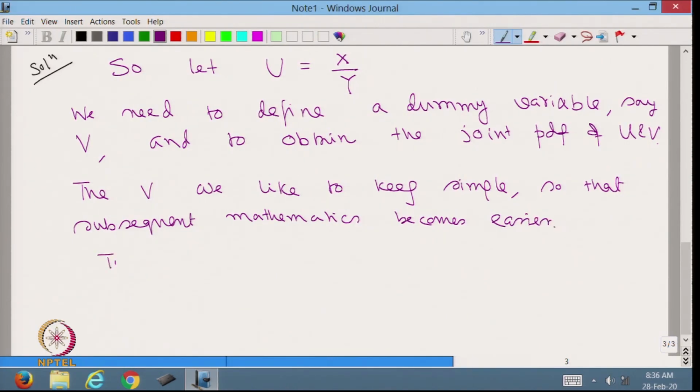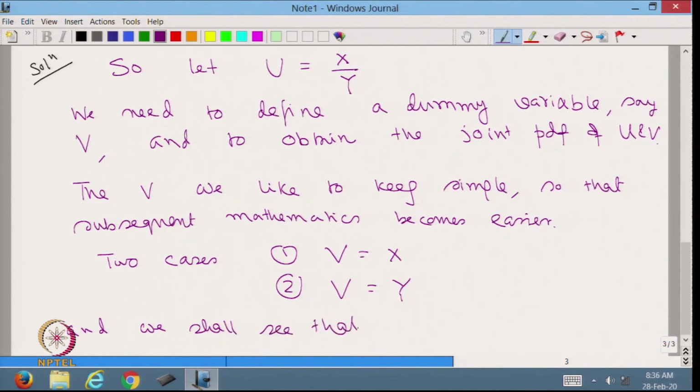So, I will take two cases. One is v is equal to x, and second is I will take v is equal to y, and we will see that we get the same answer.